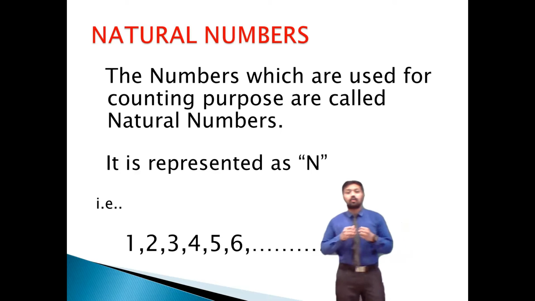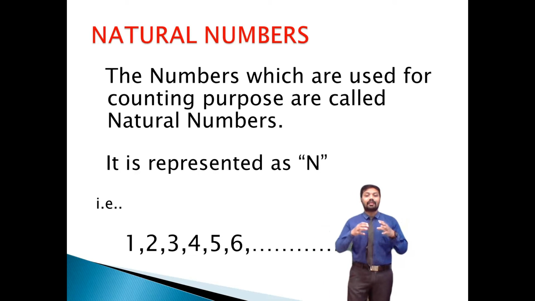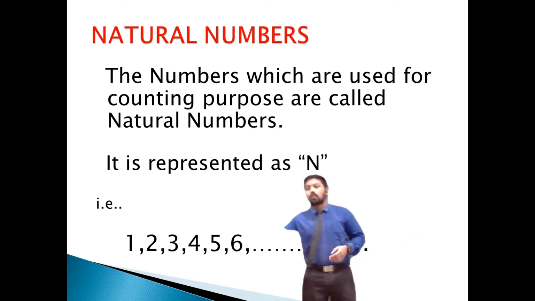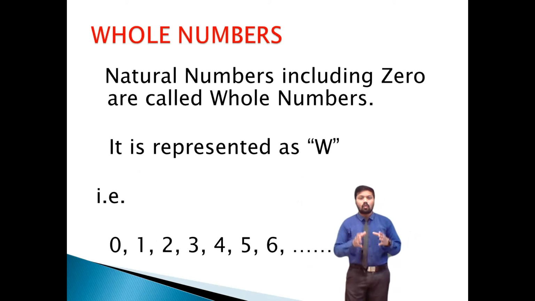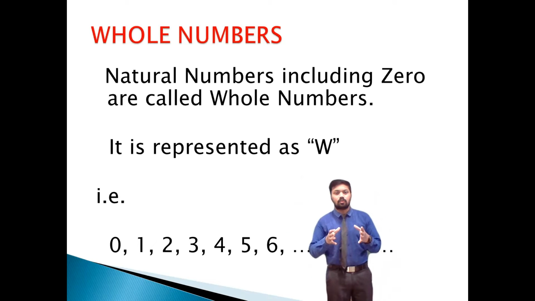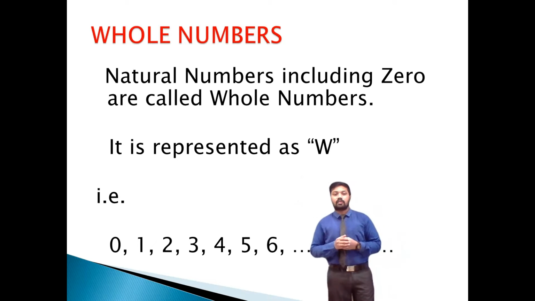That is why the mathematicians created a new number system called whole numbers, which is what we are going to learn about. Whole numbers are nothing but natural numbers including 0. It is denoted with the capital letter W.